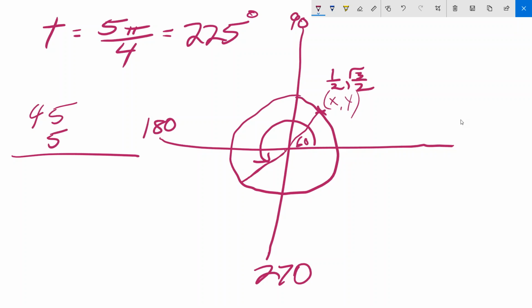And again, this point right down here, that is what in terms of sine or cosine? What is the x-coordinate? Good.